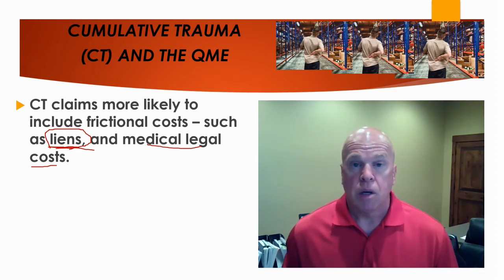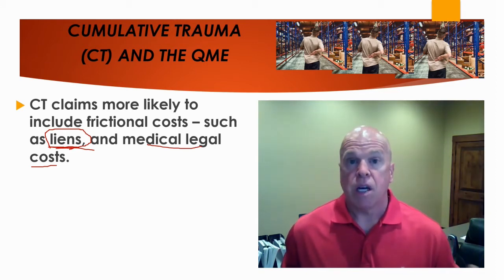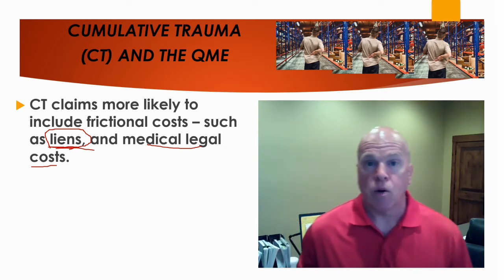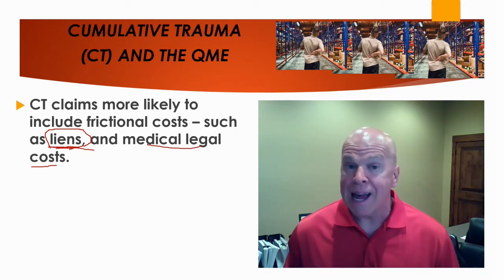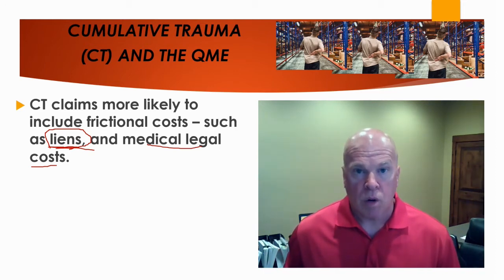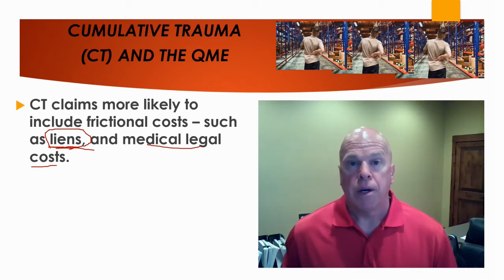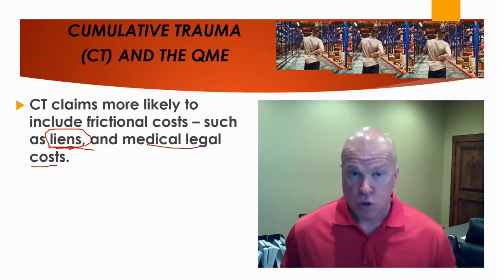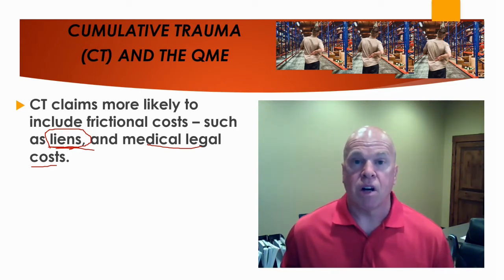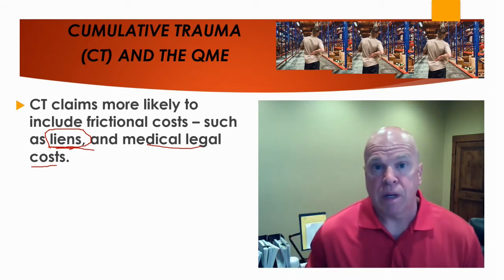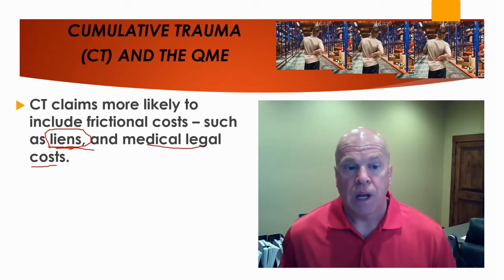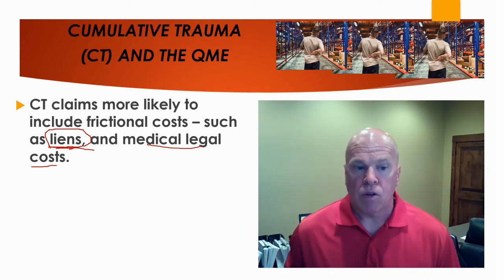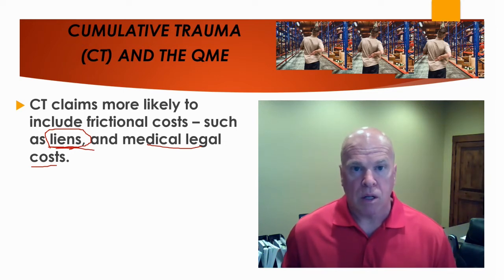Liens become not necessary as the employer directs the treatment under the medical provider network. Whereas on a denied case, the injured worker has no option but to jump outside of the medical provider network, for which treatment services are denied, and therefore the treatment has to be rendered and received on a lien basis. So these cases involve a lot of liens, and we'll talk about those liens in our next session.